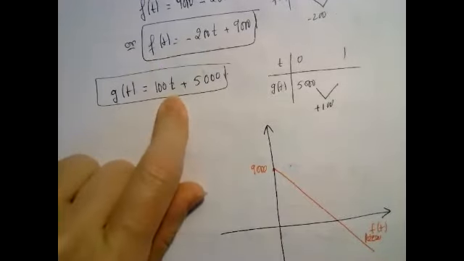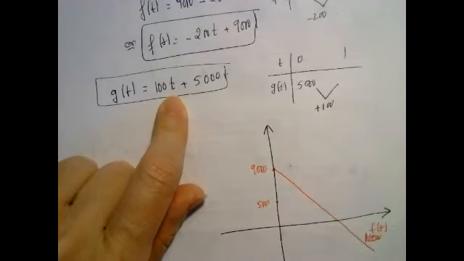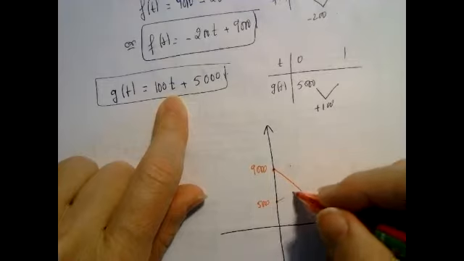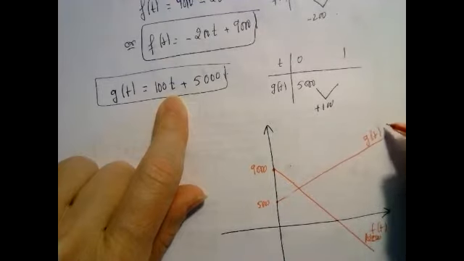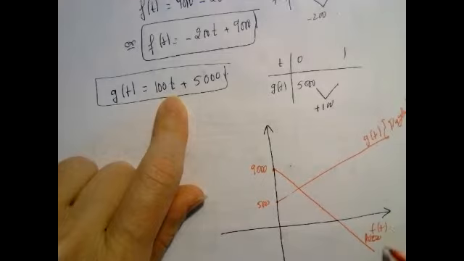The other one started below, at 5,000. It's increasing at the rate of 100 per year. This is g of t. G of t is the town in Maryland, and this is the town in New Jersey.